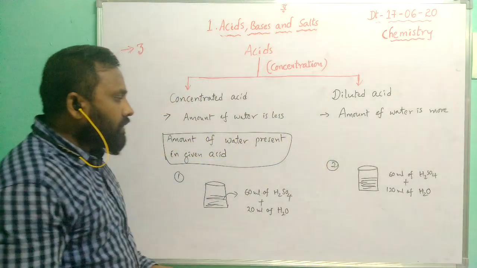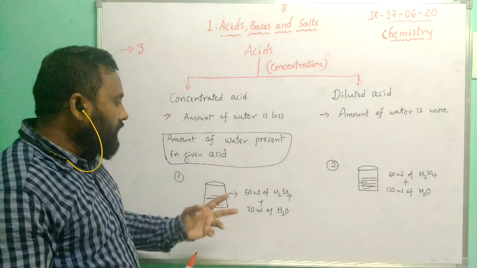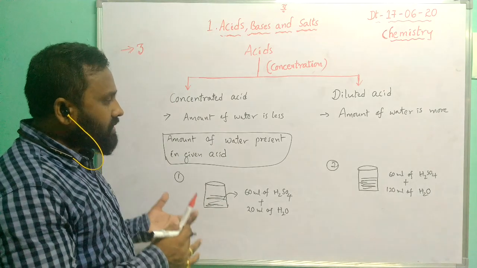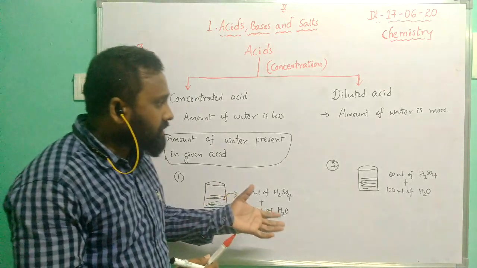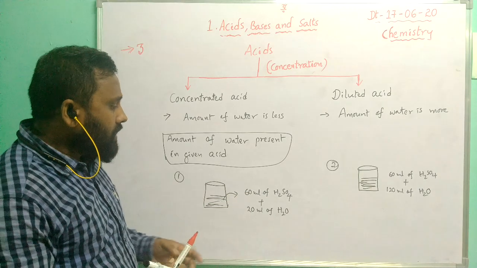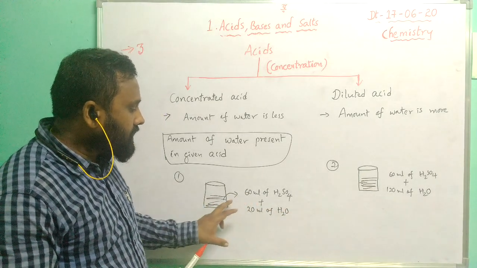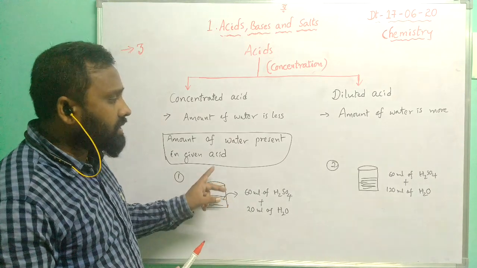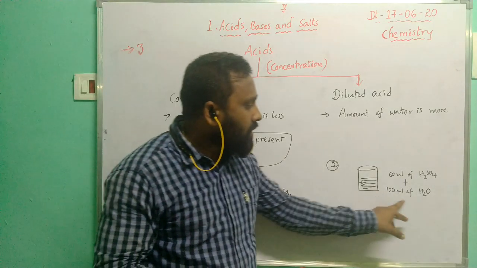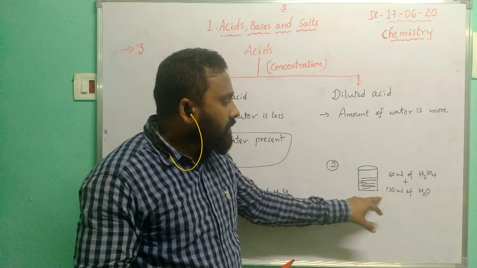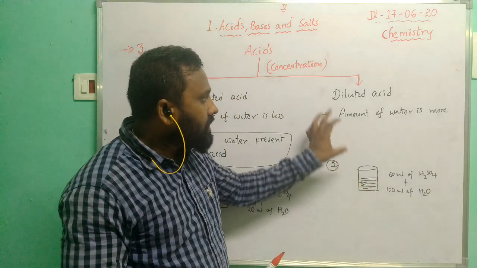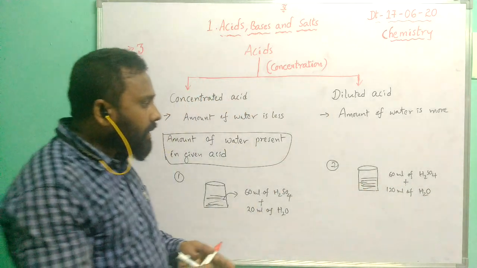When you compare these two cases, which one is the concentrated acid and which one is the diluted acid? This is a relative property. Here the amount of water is less, that means it is a concentrated acid. Here the amount of water is more, that means it is a diluted acid.